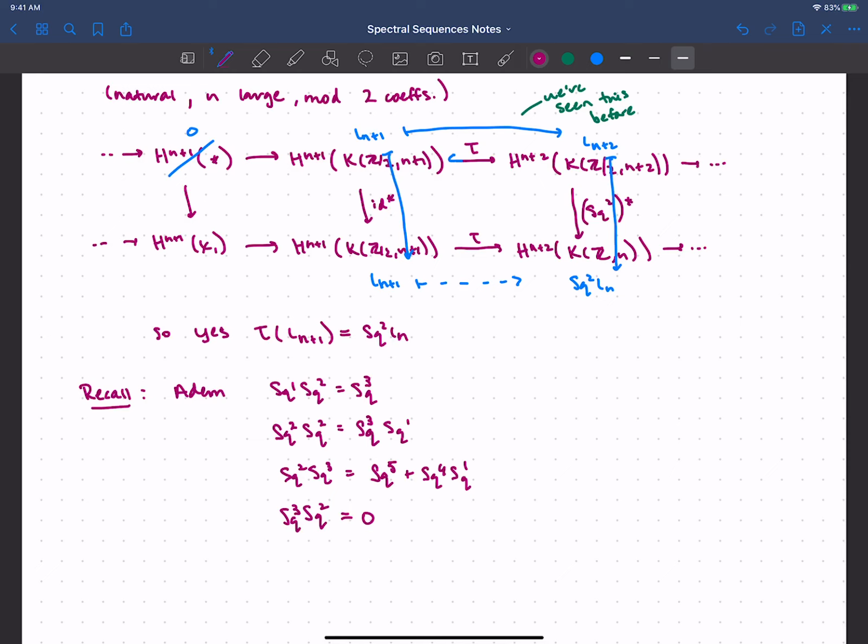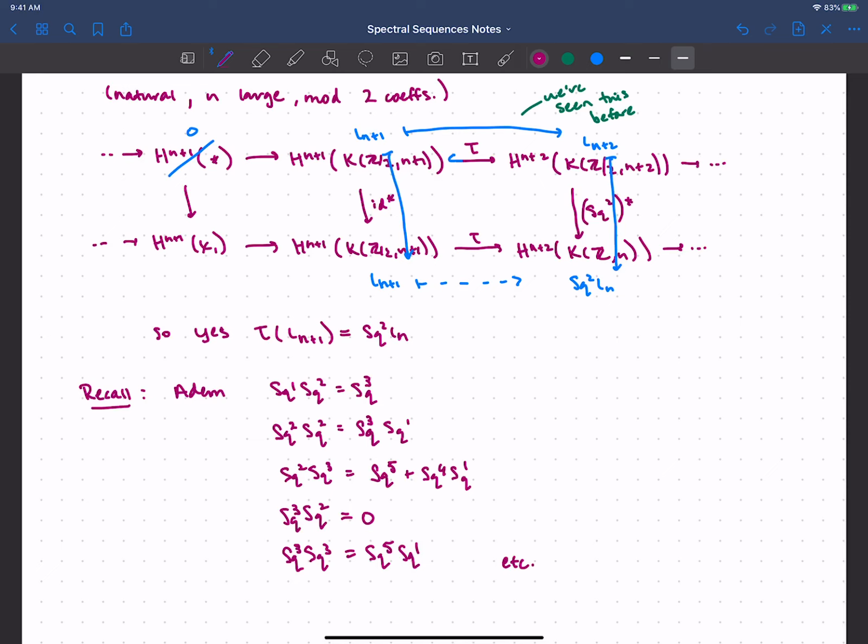And yeah, let me just say, you can check that one. Okay, and then square 3, square 3 is square 5, square 1. I'm not even sure if we'll need that one, but maybe it's good to know. Okay, etc. There are lots of Adem relations, but these are the ones that we'll use.